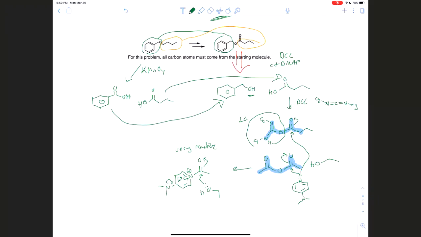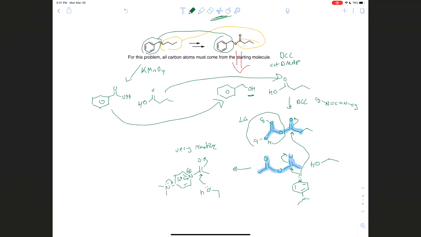So the problem with the MCPBA route, epoxidize, then a base. If you try to add MCPBA, you'll go through the epoxide.